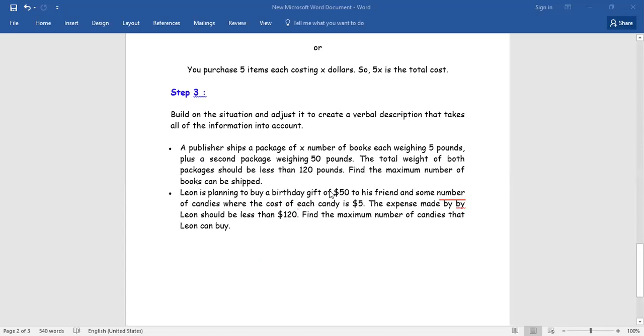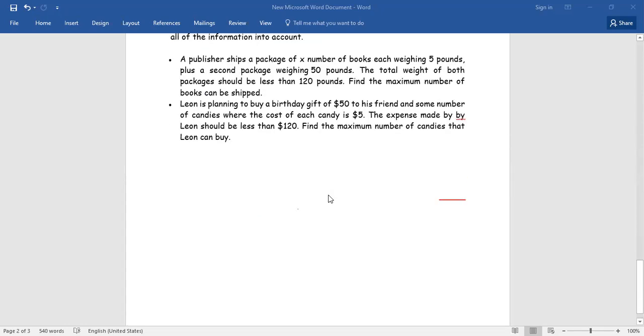Let me give you another question. It's in your book, page 213. Question number 5. The question is 3x plus 10 more than 30.